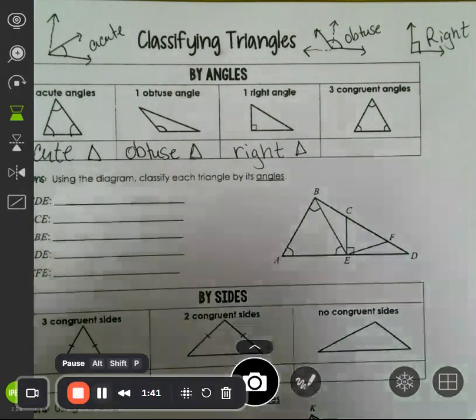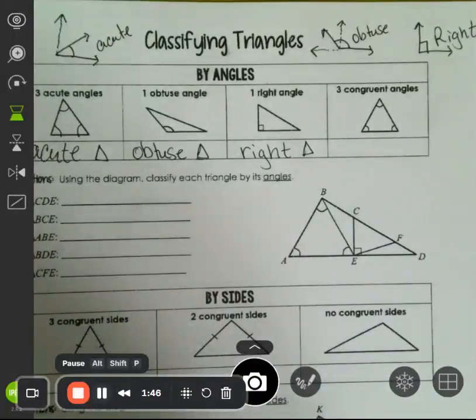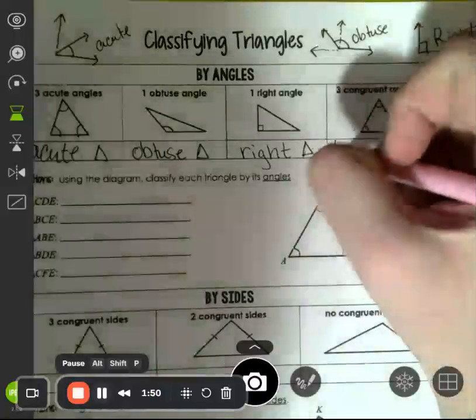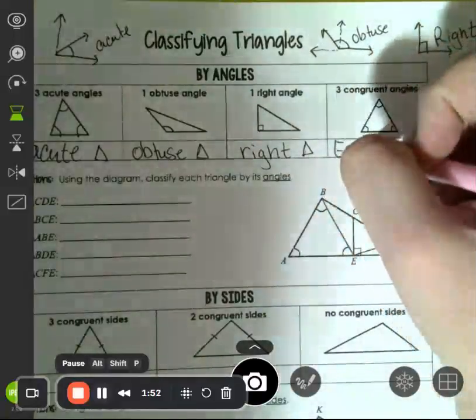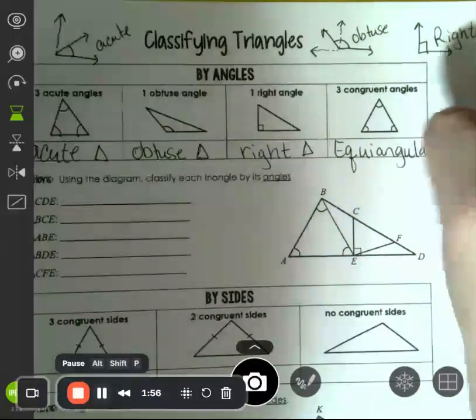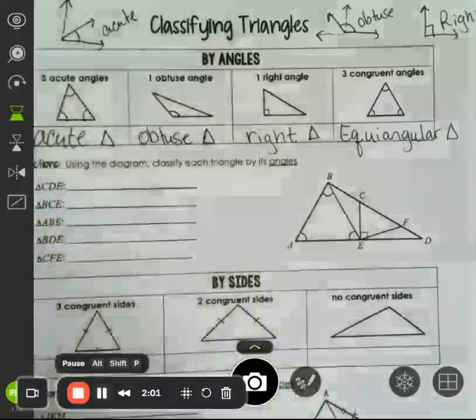When we have three congruent angles, we call this an equiangular triangle. If it was equal sides, we would say equilateral.